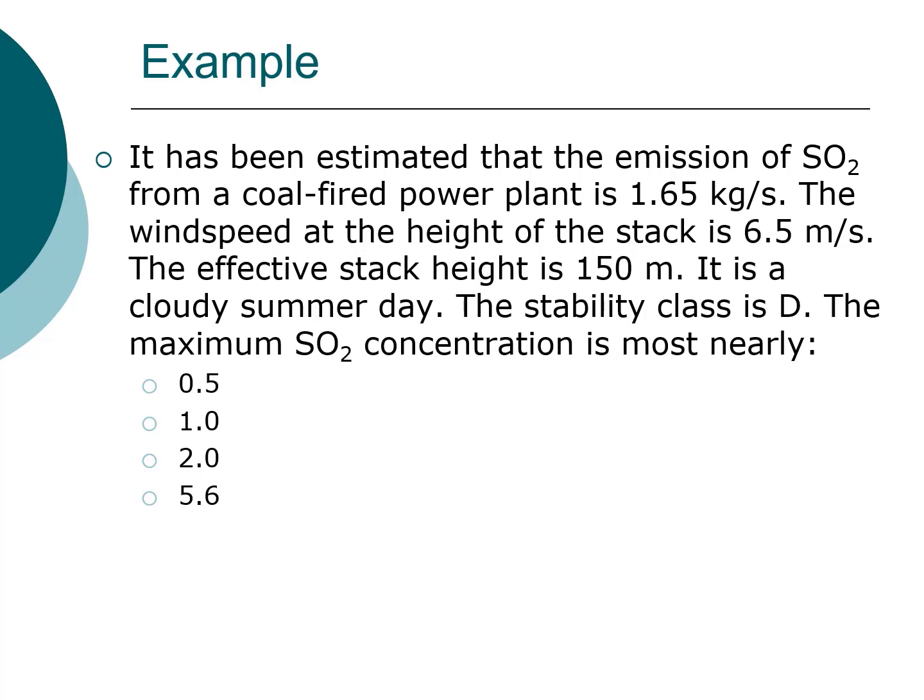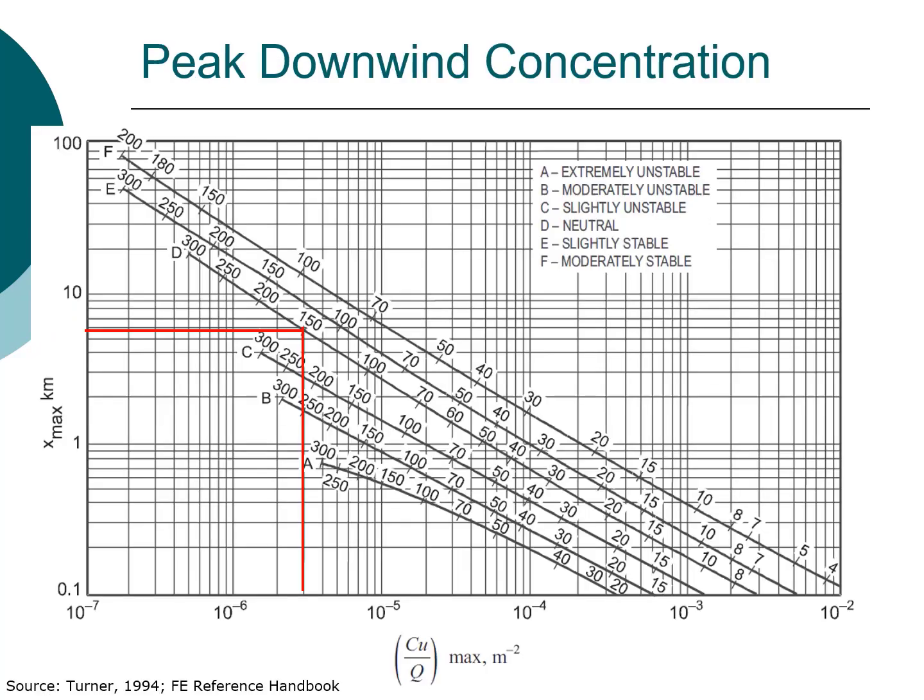And then in order to determine the maximum concentration, we will again, looking back at this graph here, read this value right here. So this is 1, 2, that is 3 times 10 to the minus 6.